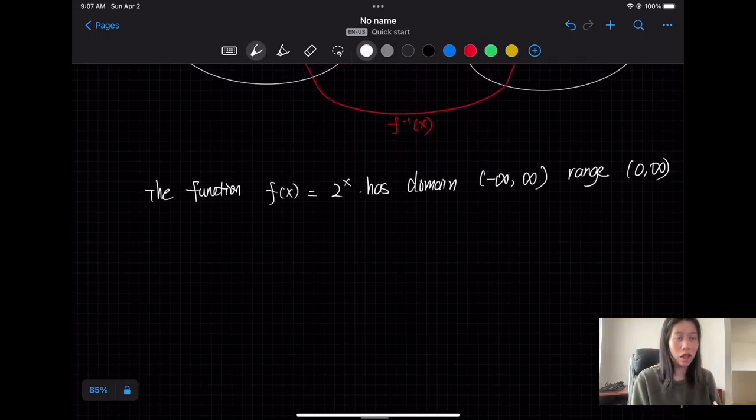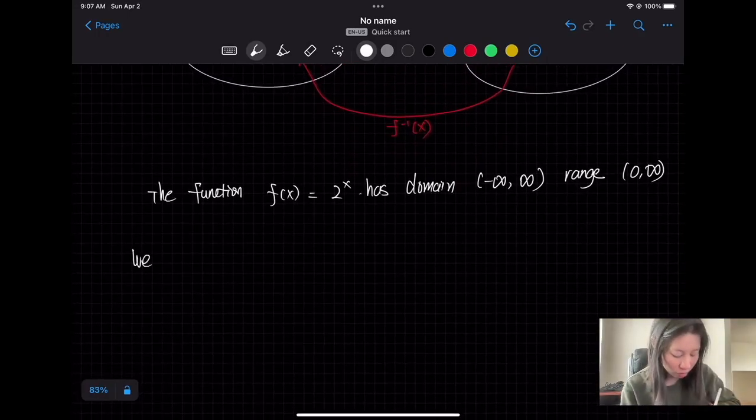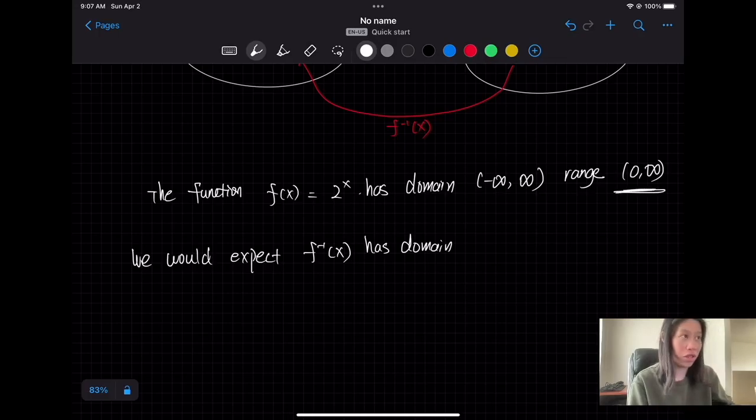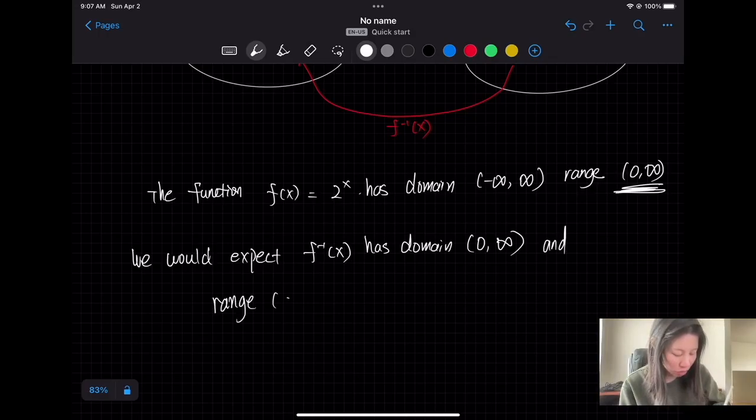Well, in that case, we expect the inverse function to have the domain 0 to positive infinity, and the range is the domain of the original function, which is negative infinity to infinity.